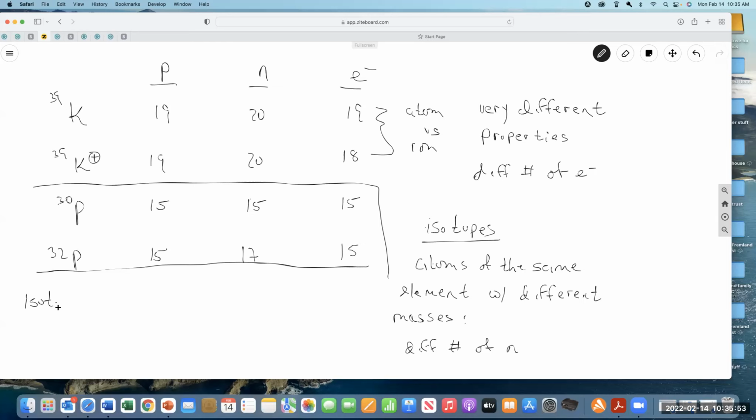Now, isotopes have nearly identical properties. They differ only in, of course, mass, and therefore density, because the mass changes, therefore the density changes. And then I'm going to write sometimes radioactivity.